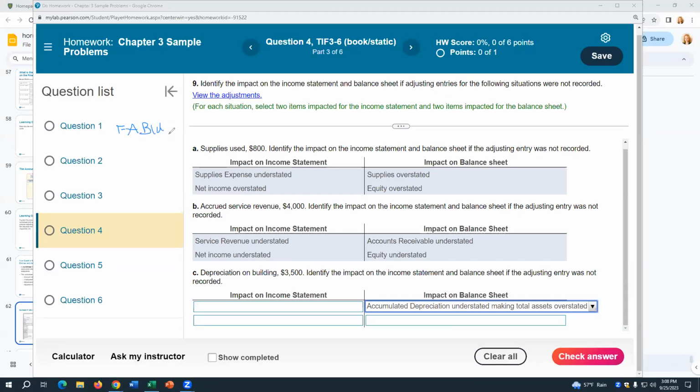The fixed asset building account less our accumulated depreciation gives us our net building book value. If we don't record this, we don't subtract that amount out, then our overall fixed assets will be overstated because we're not subtracting it from our assets. This is a contra asset account, so it actually reduces our overall asset balance.